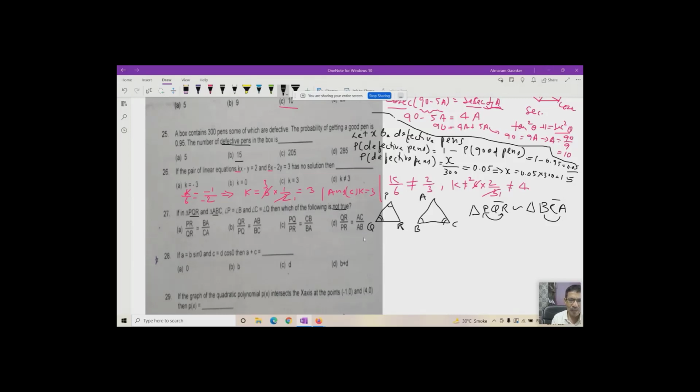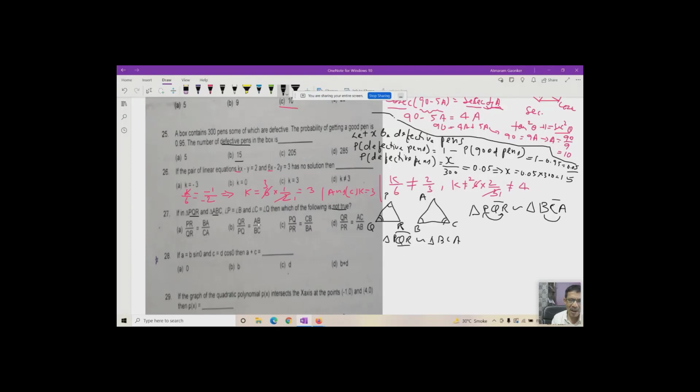So second, triangle PQR similar to triangle BCA. Let's see second: QR upon PQ. QR upon PQ. First is QR, that means it is CA.